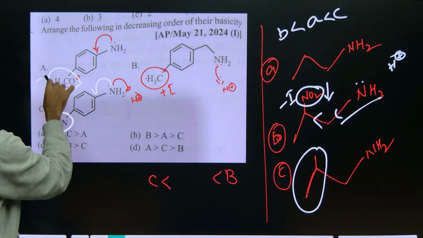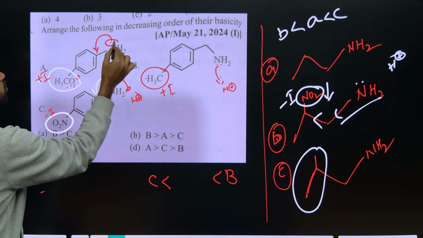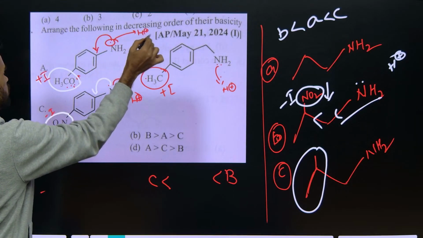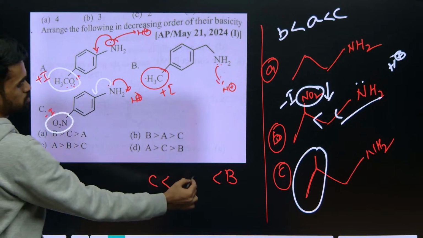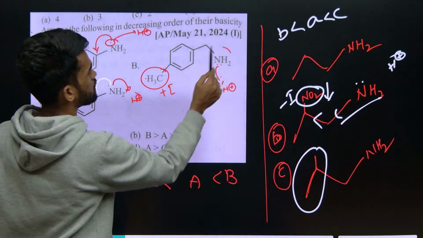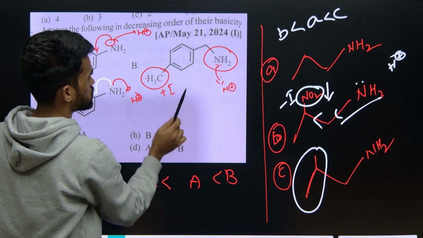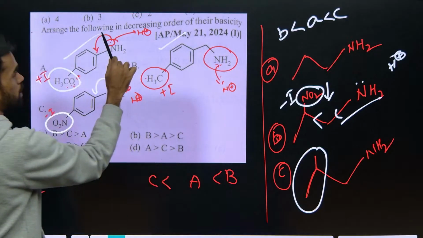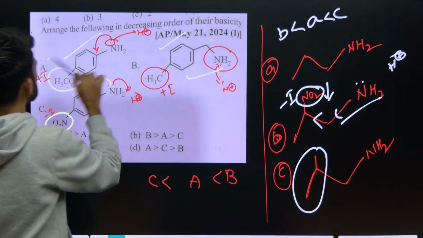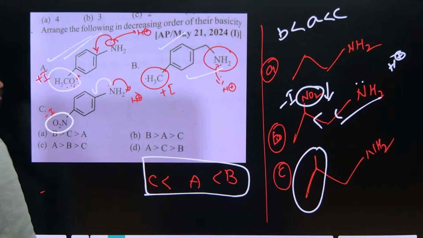So the plus I effect increases electron density on this nitrogen and it can easily accept a proton when I compare with this. So A comes in between. And between A and B, you can remember this is an aliphatic amine. The lone pair is not involved in conjugation. So this is aliphatic, this is aromatic. So an aliphatic amine is more basic than aromatic amines. That's why you are going to get this kind of basic nature order.